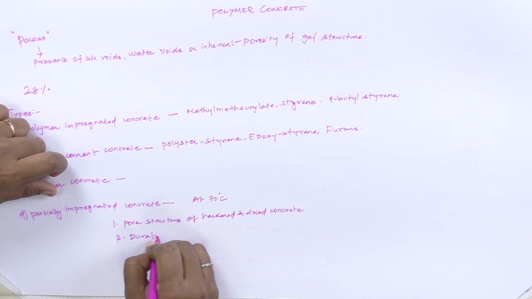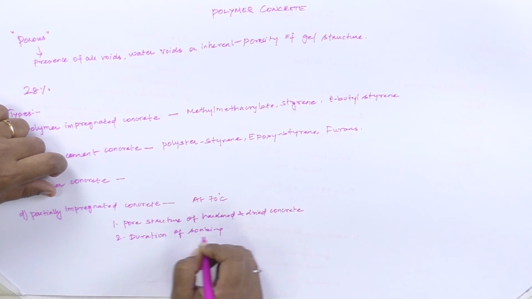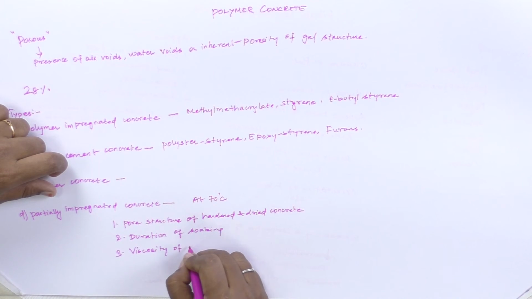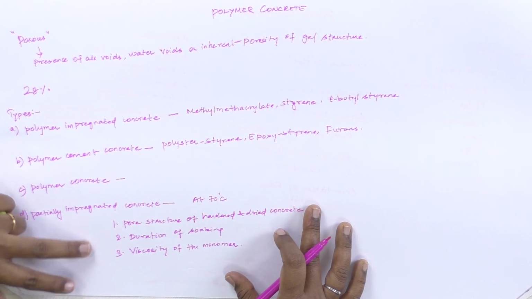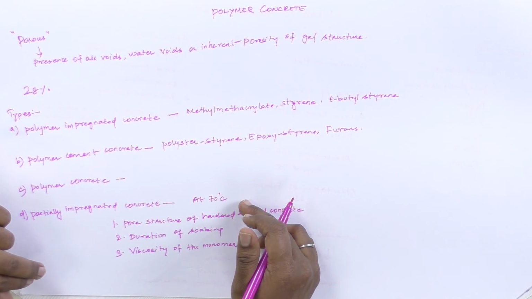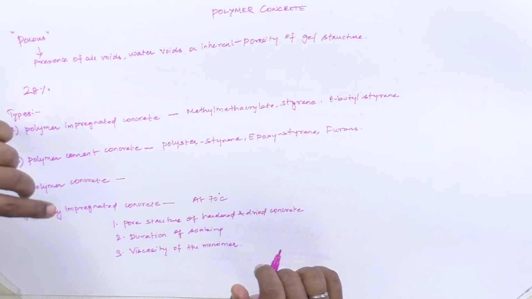Second is the duration of soaking, and third is the viscosity of the monomer. Based on these factors, the surface resistant properties of the concrete can be improved.